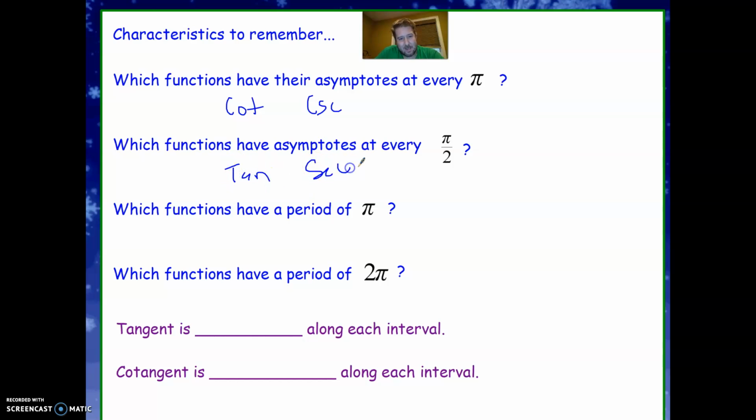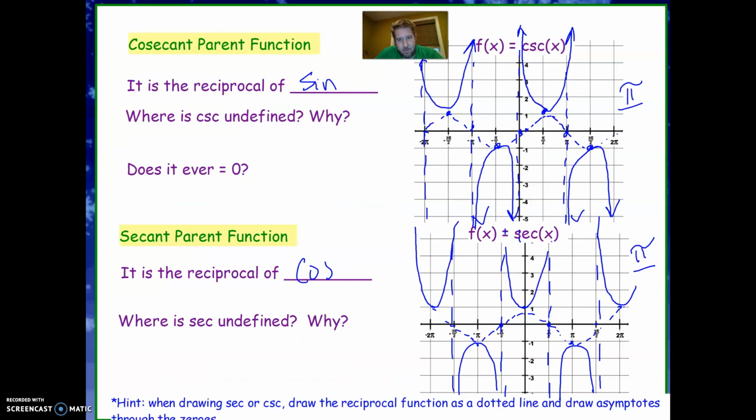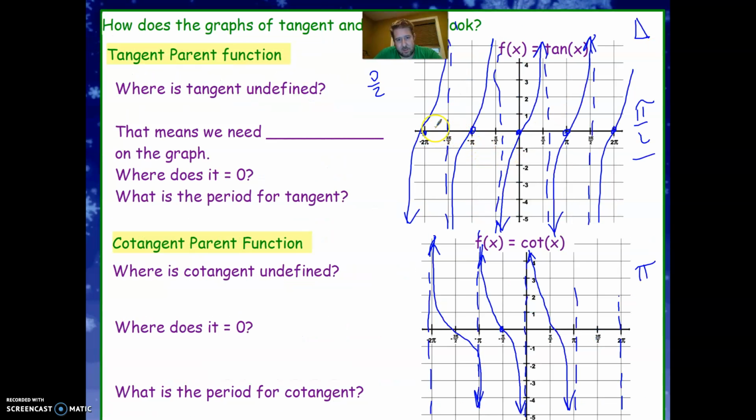Okay, which functions have a period of pi? So that would only be tangent and cotangent, because if you look back at tangent and cotangent, from here to here is half of pi, and here to here is 1 pi. So half a pi, so that's 1 pi total in width from asymptote to asymptote.